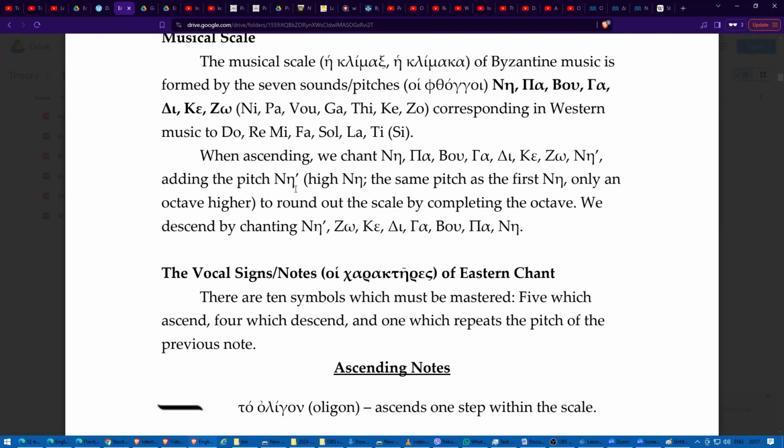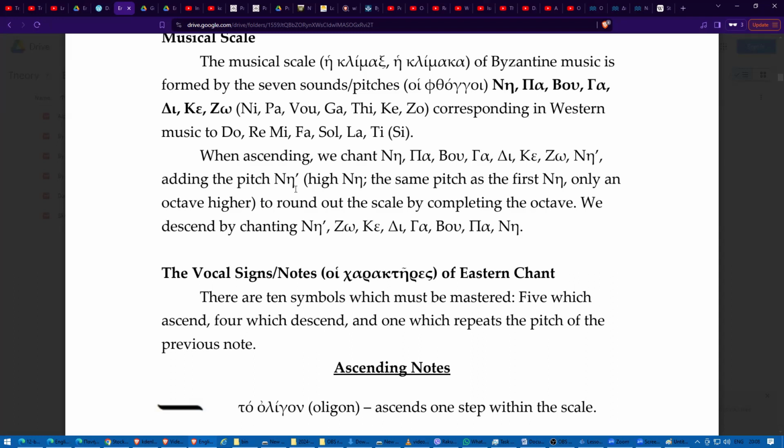It's more challenging for me to go backwards with alphabet letters, but when we're learning the notes, we should be able to go easily ni pa vu ga, and then ga vu pa ni.